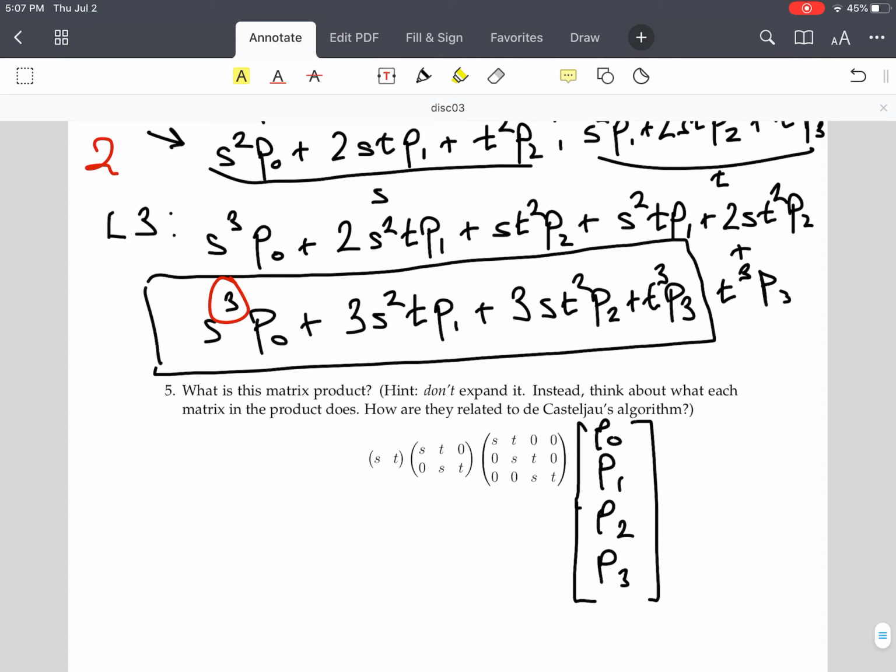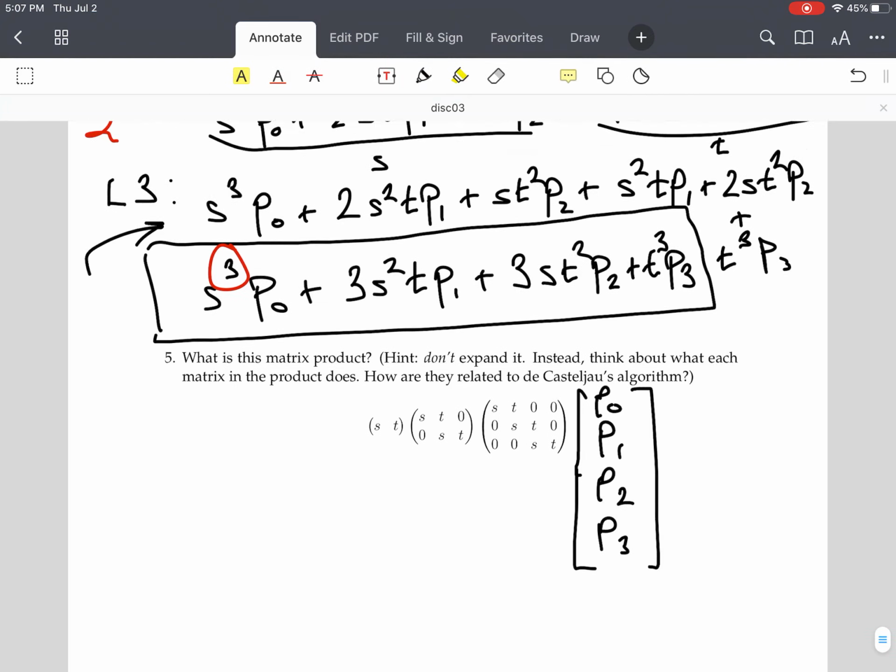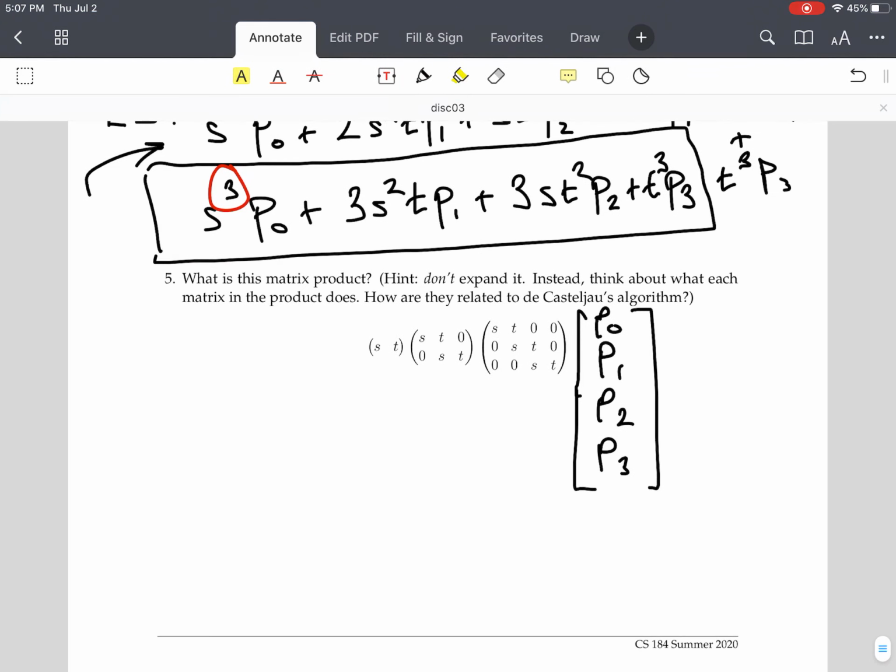And then if we come down here for the last time, it's going to be s times the first and t times the second, which is exactly what we did right here in level 3, right? S times the first plus t times the second, and we got 1 point. So essentially all this matrix product is doing the algorithm and giving us this polynomial in the end.